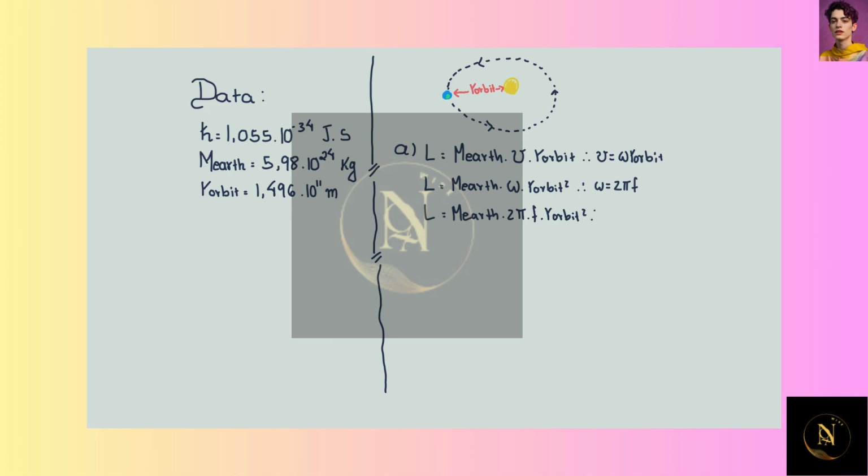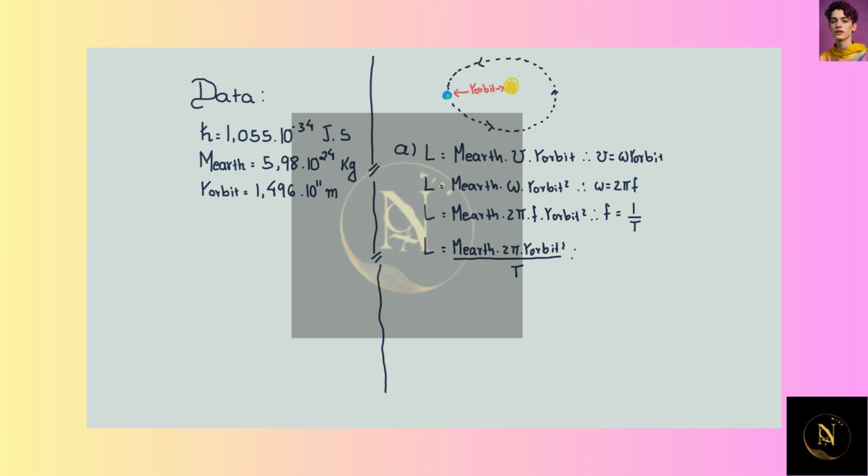And the frequency is just the inverse of the period. So the angular momentum of the Earth is given by the mass of the Earth times 2 pi times the radius of the orbit squared divided by the period of that movement.